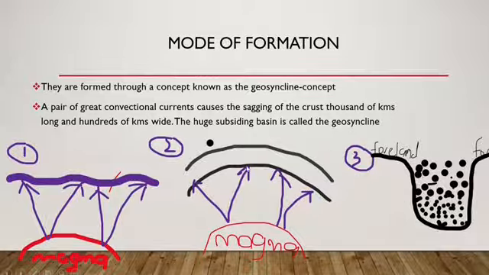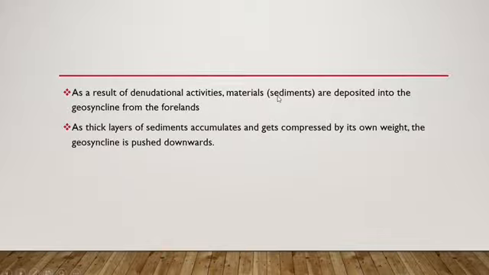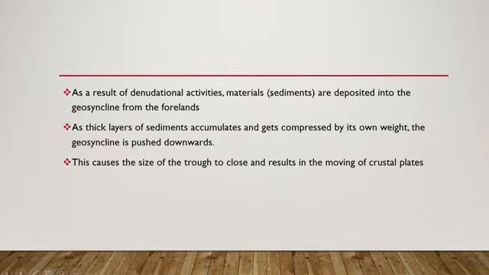And once the convectional current recedes, it causes the sagging of the earth, leading to the formation of a basin that we call a geosyncline. The geosyncline begins to accumulate sediment from the forelands, become compressed, and then gain weight. Now, when it gains weight, it begins to sink in, or it is pushed downwards.